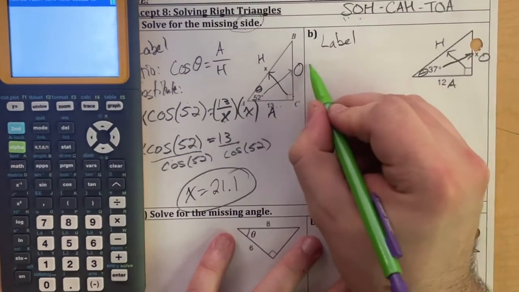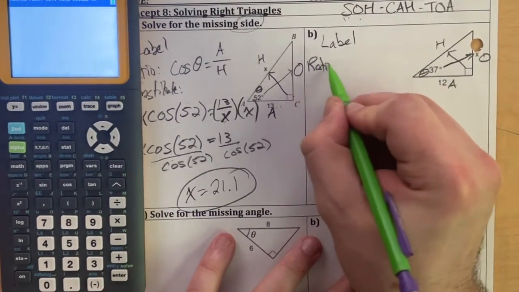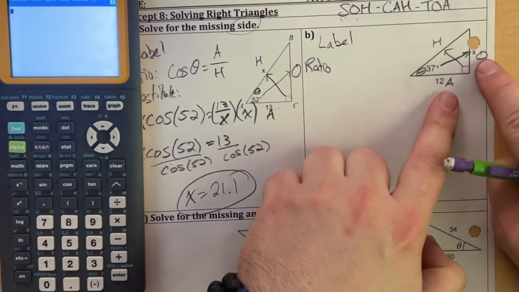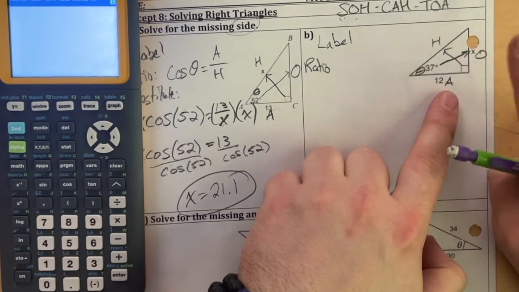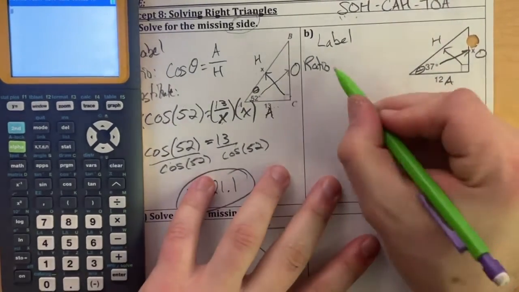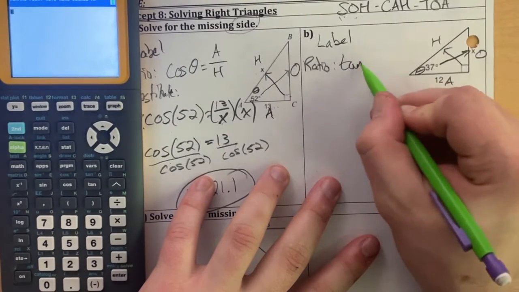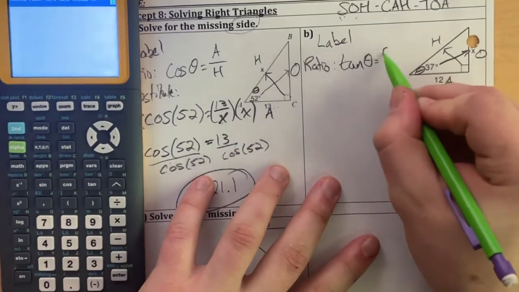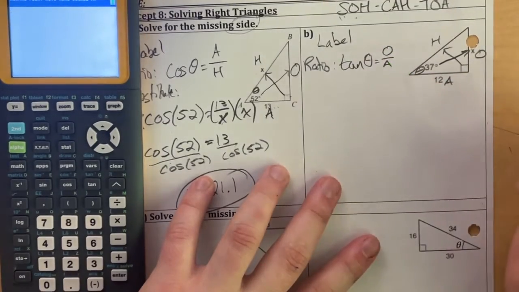So I have my labels, now I need my ratio. I can point to the two that I have. I have x and I have 12, so I have opposite and adjacent, so that means I'm going to use tangent. So my ratio for this one is tangent of theta is equal to opposite over adjacent.